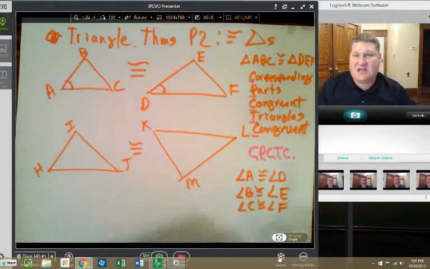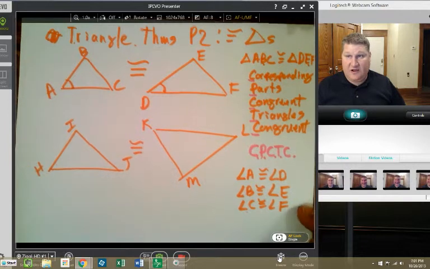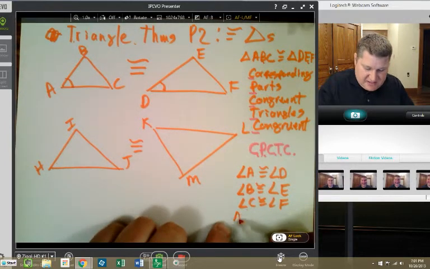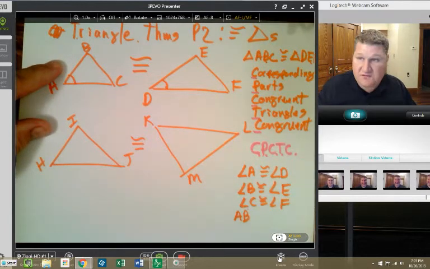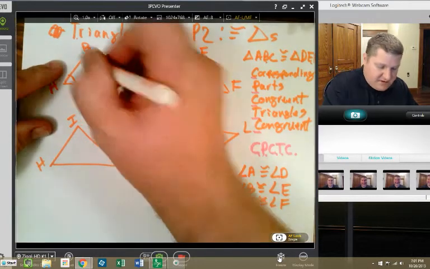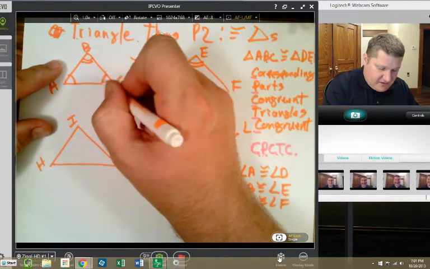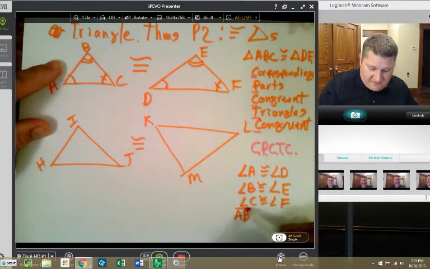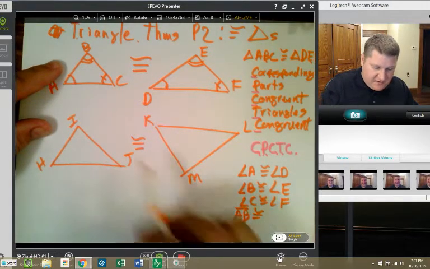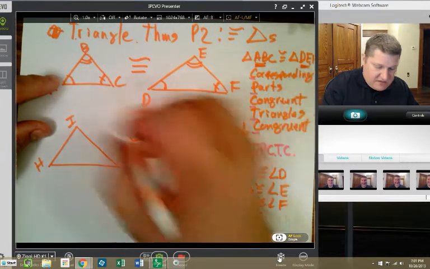Now, that's just the angles, but remember, every triangle has three angles and it also has three sides. So in this case, I would say side AB, oh, wait a minute, I have failed to mark my triangle. B went with E, and C went with F. So there we go. Now, I have side AB would have to be therefore congruent. Well, AB goes with DE.